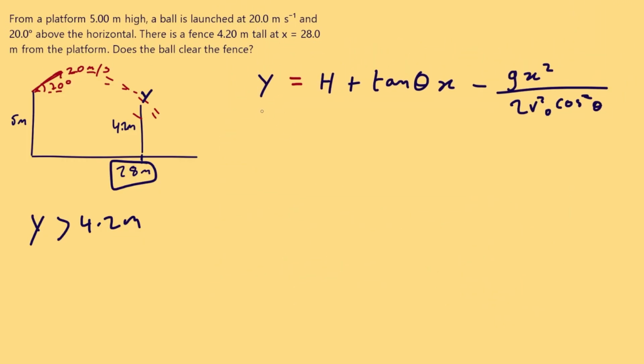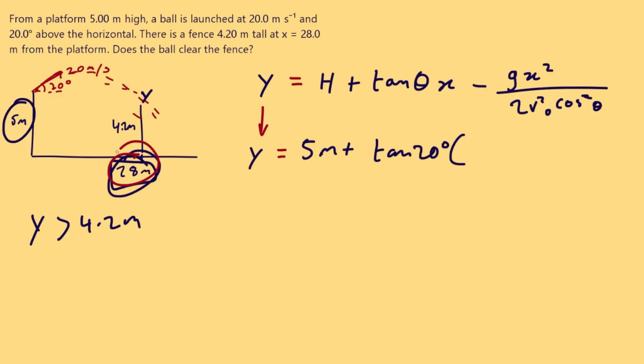Now, the final y position is what we're looking for. The height is 5 meters. Tangent and the angle is 20 degrees. X is 28, because that's where the y position matters. That's what we're looking for. Minus this thing. So that would be 9.8 in place of g.